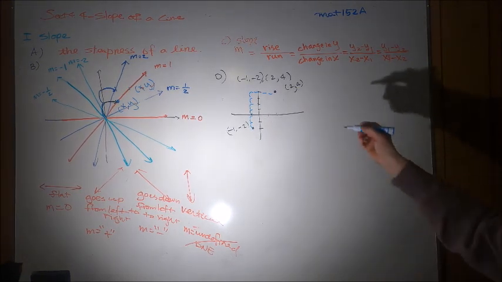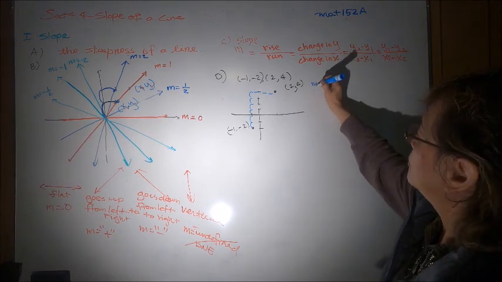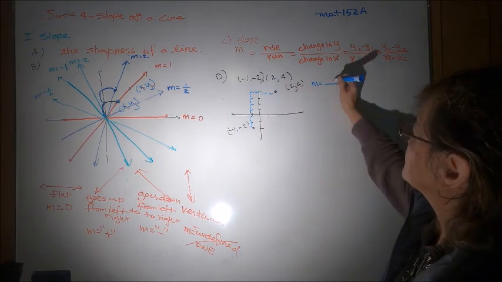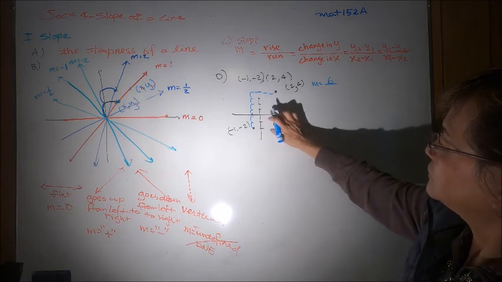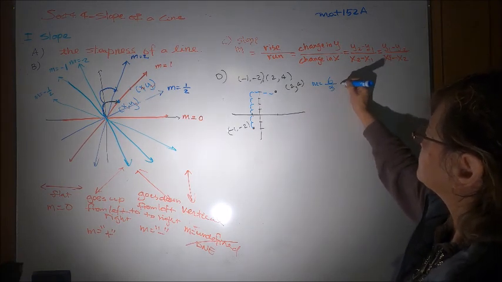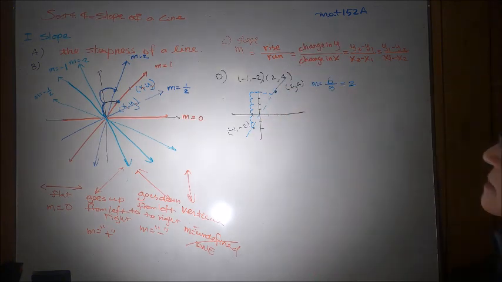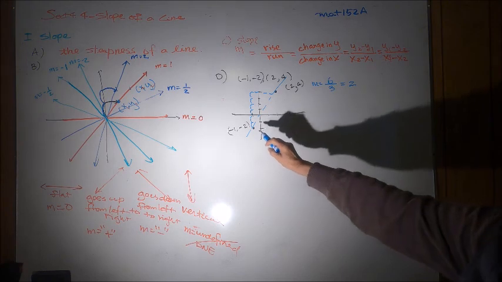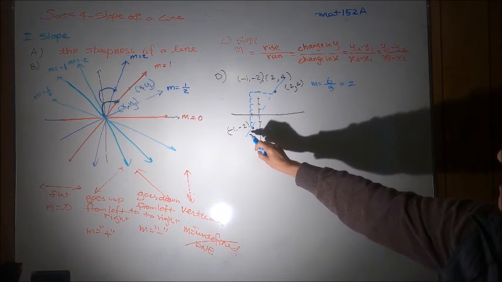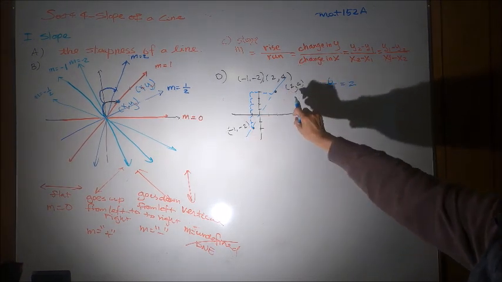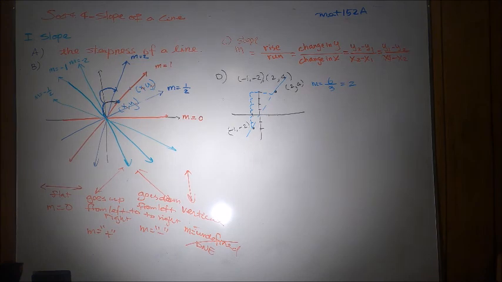Right? So your slope will be rise 6, run over 3. So that will be 2. Will that be correct? Yes, because the slope is going up from left to right, so it's positive.